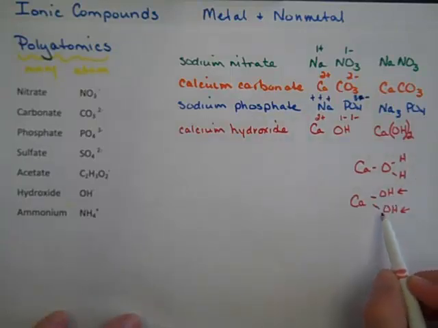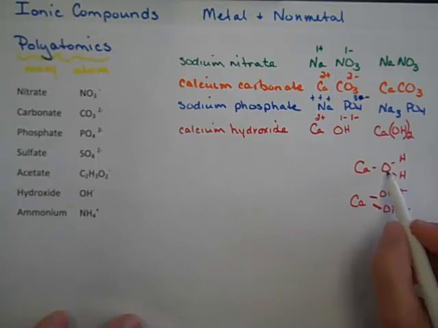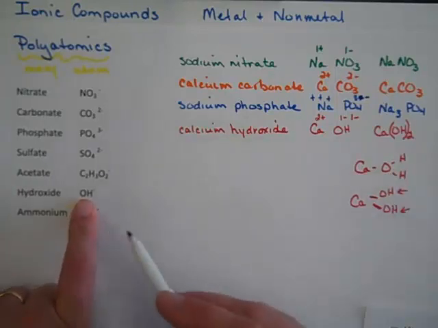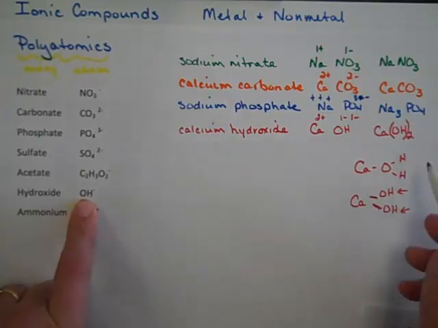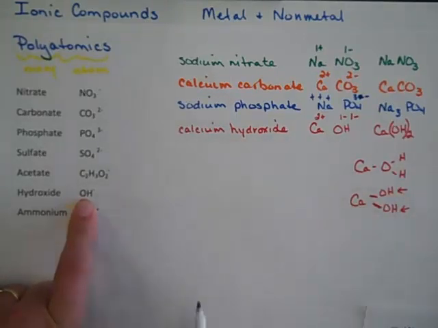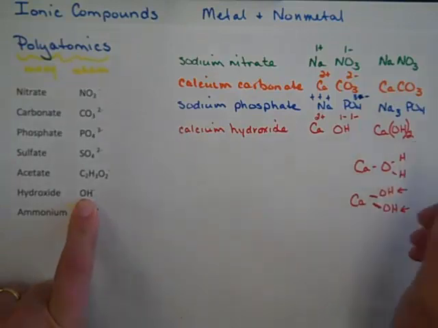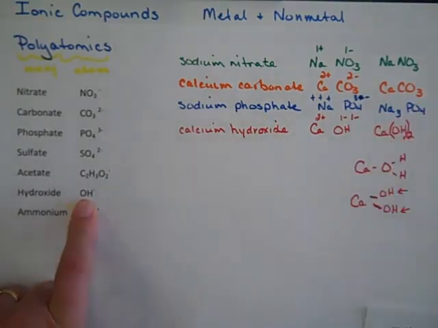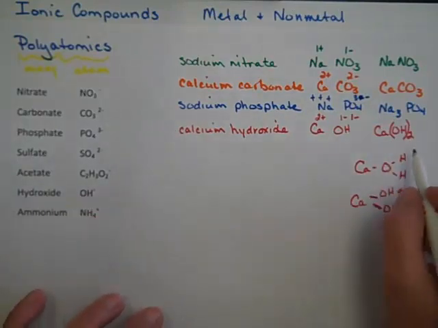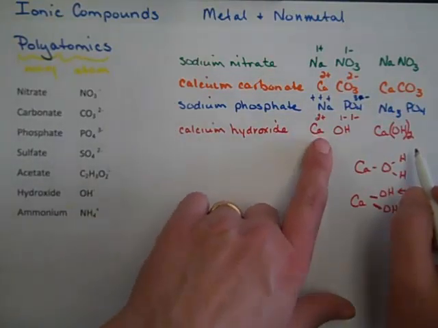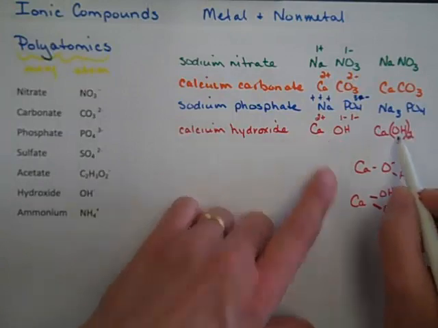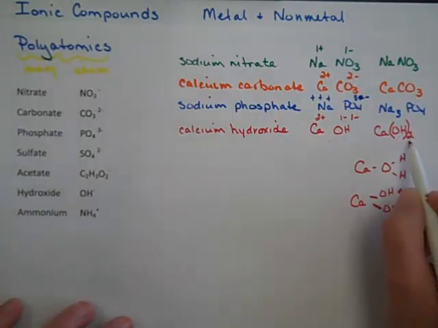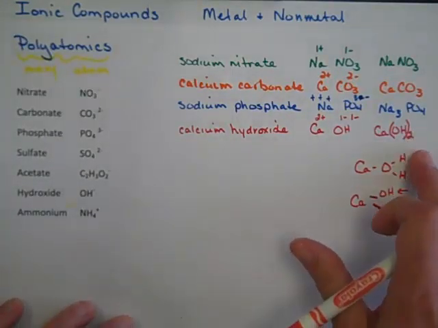This has the 2 hydroxides, the full hydroxide ions. This does not. This has 1 oxygen and 2 hydrogens. And since our hydroxide is 1 oxygen and 1 hydrogen, if we have 2 of them, we need 2 of that whole thing. So the correct way to do this, if you have to balance this based on the charges, if you need more than 1 polyatomic, you need to put that polyatomic in parentheses.